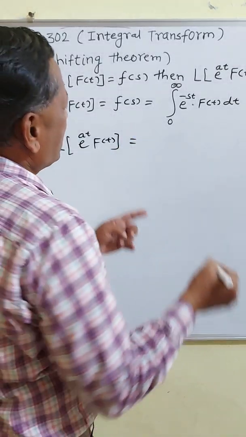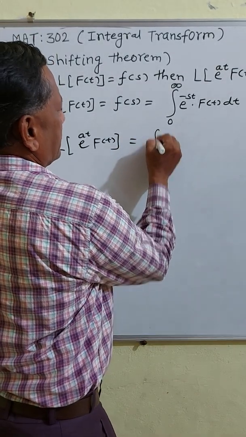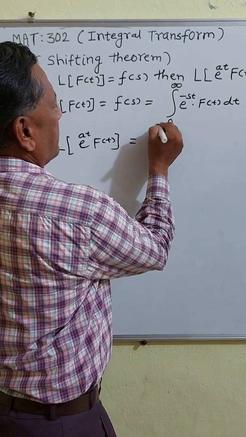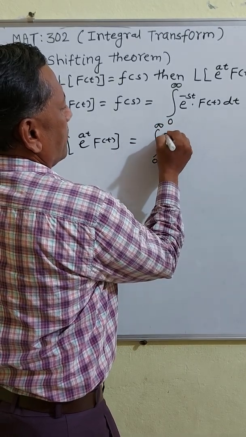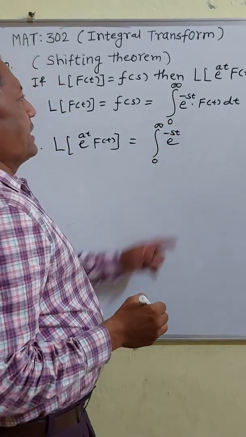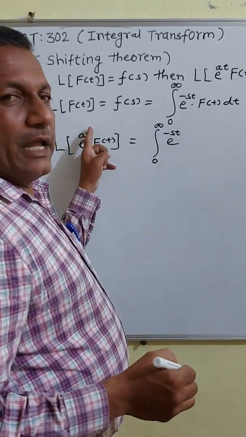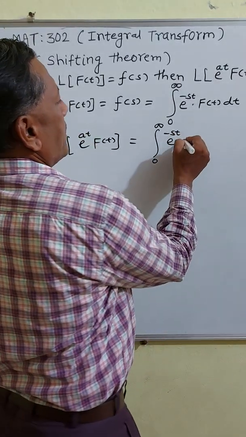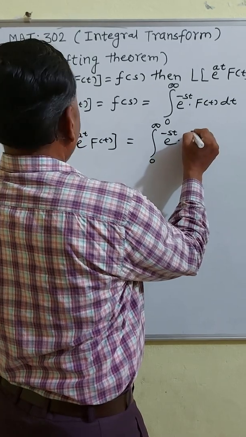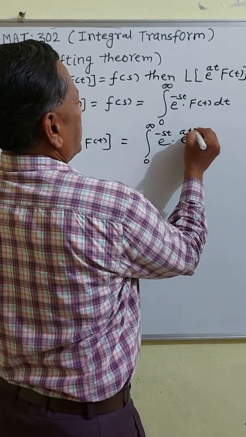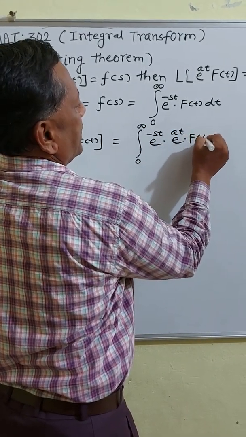Therefore, Laplace transform of e raised to at into f of t is equal to, by definition of Laplace transform only, integration going from 0 to infinity e raised to minus st into e raised to at into f of t dt.